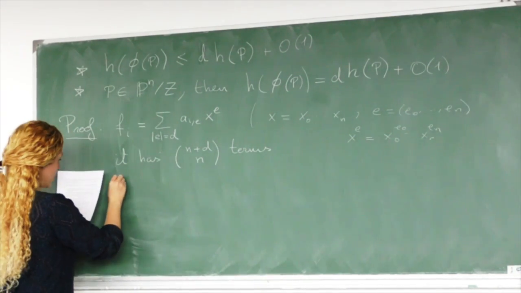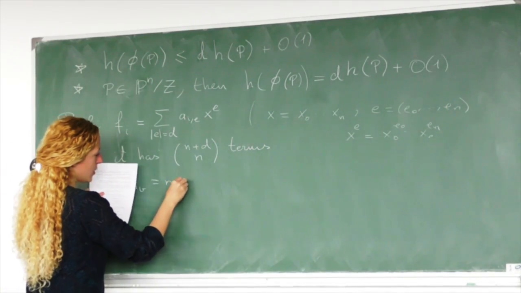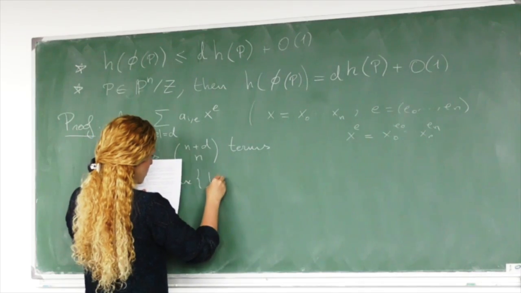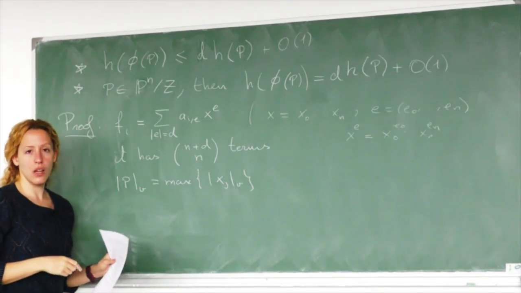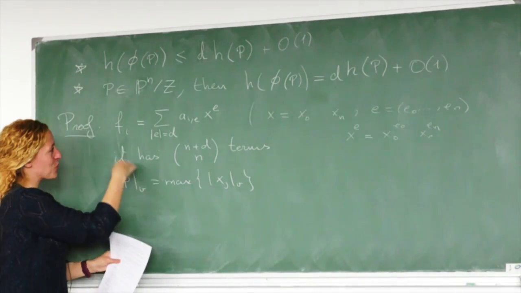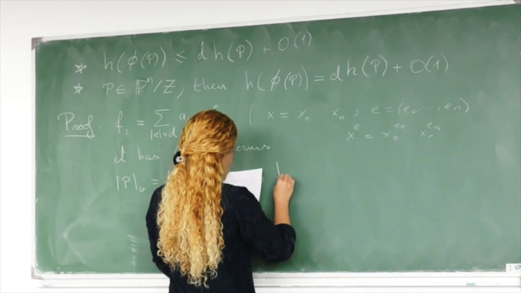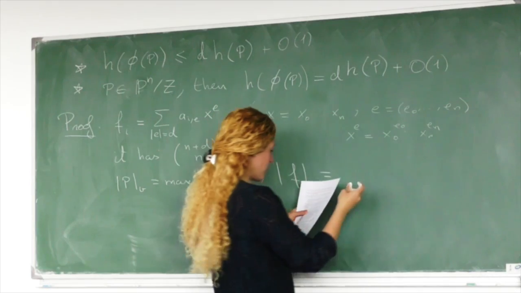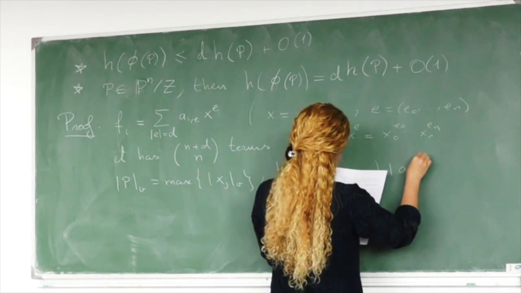On the other hand, given a point, its valuation here is actually the maximum. You can take this as a notation, because I'm going to write big formulas, so they are going to look nicer if I use this shorter notation. Then I'm going to define the norm of f, again, as the maximum of its coefficients.